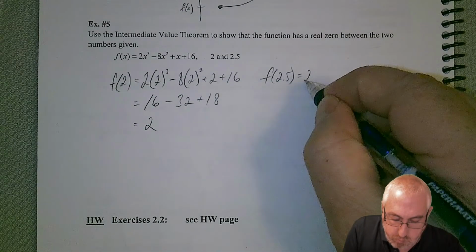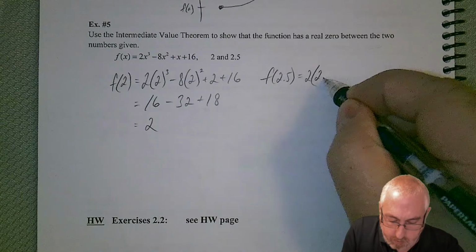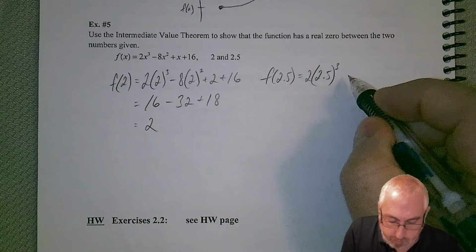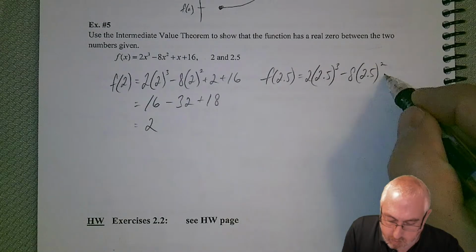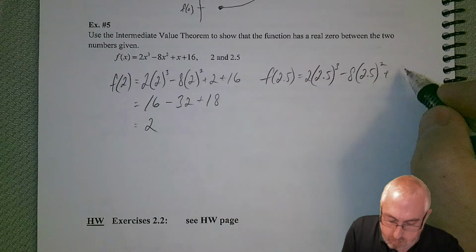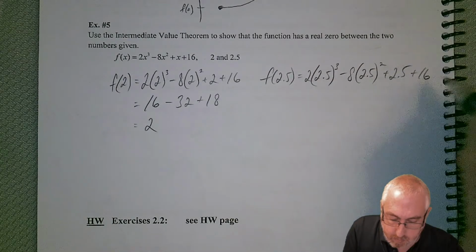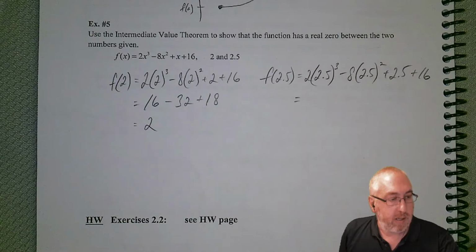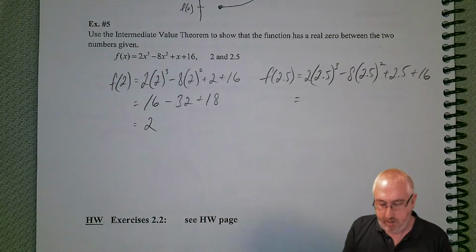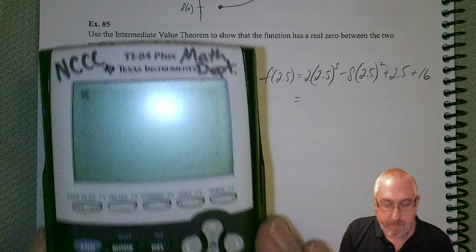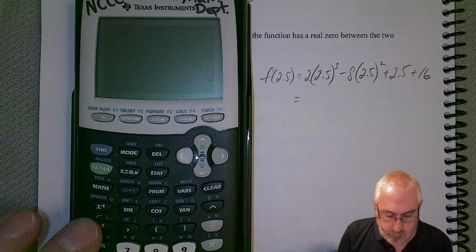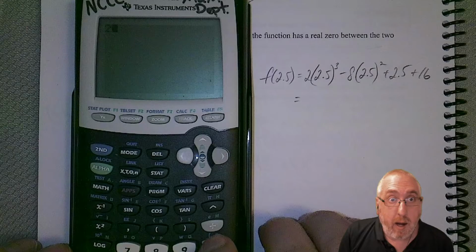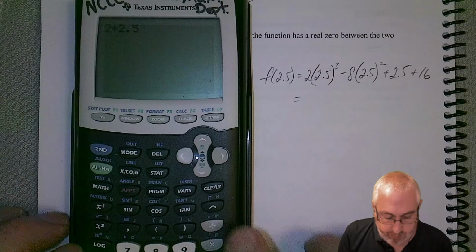So this one we might have to break out our calculator. So we're plugging 2.5 in for x. And there's the plug-in. Now let's get our calculator out. We'll use a graphing calculator to make life easier for us. So let's see what we got. 2 times 2.5 to the third power.